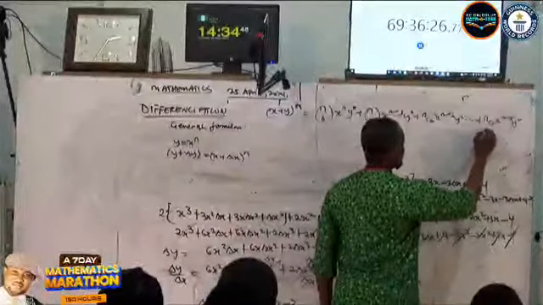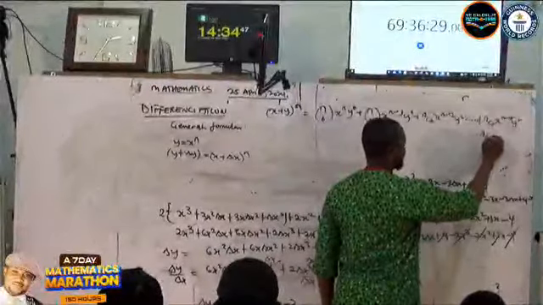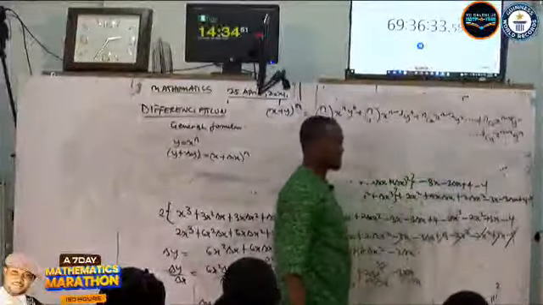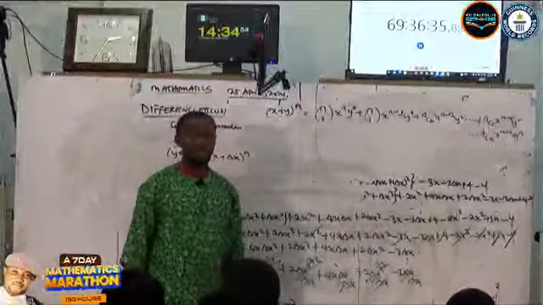So you get to n combination n, x to the n minus n, y to the n. Are you aware of that?